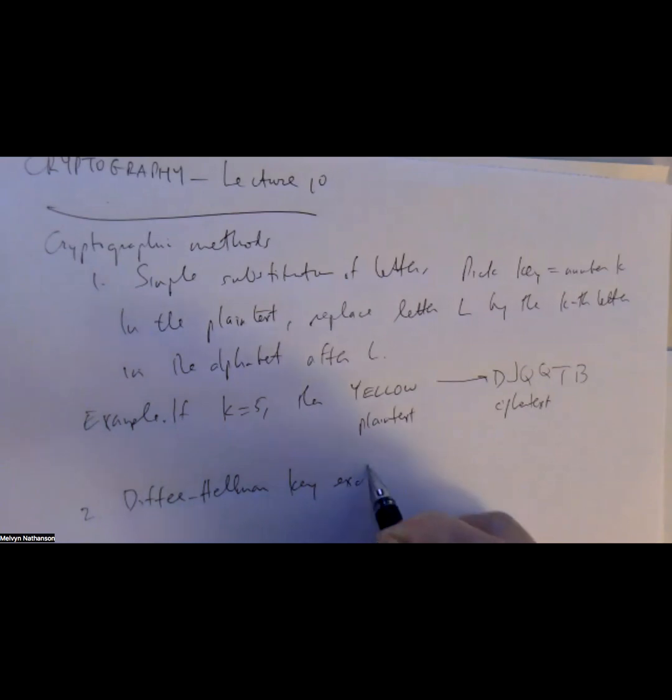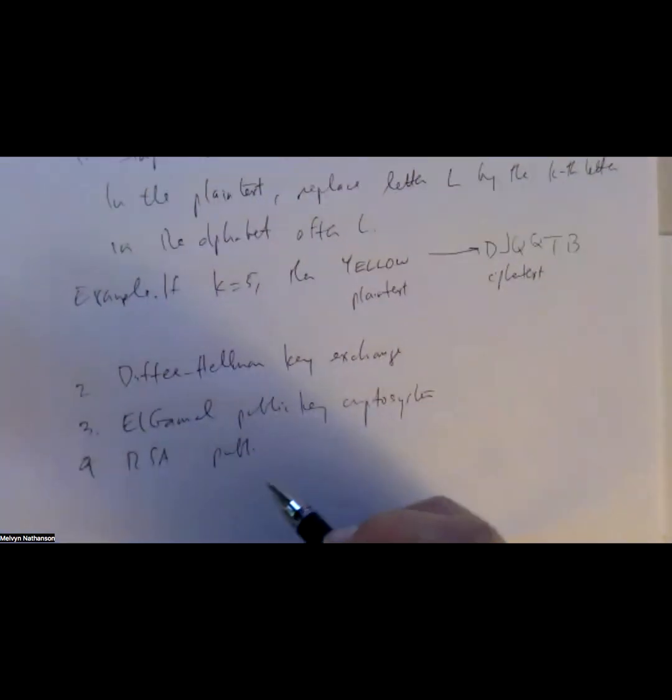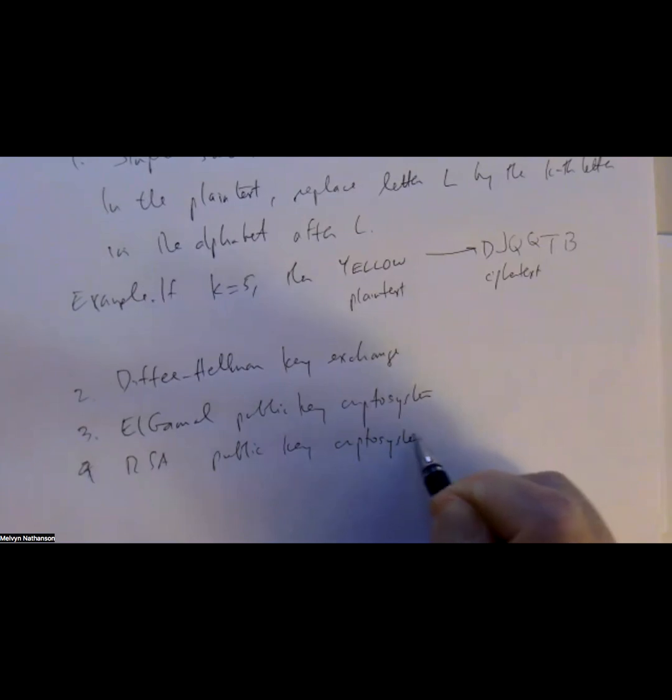Then we saw 3 methods much more sophisticated and much more important. There was the Diffie-Hellman key exchange. So this is a public key exchange system. There was the El-Gamal public key crypto system. And there was the RSA public key crypto system.